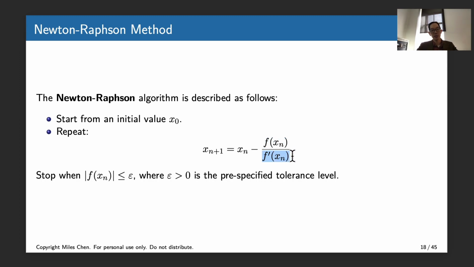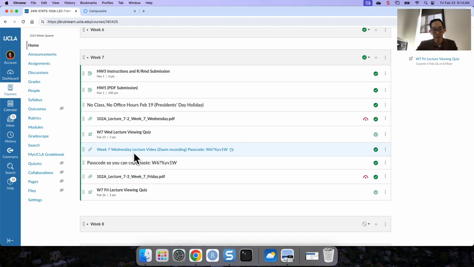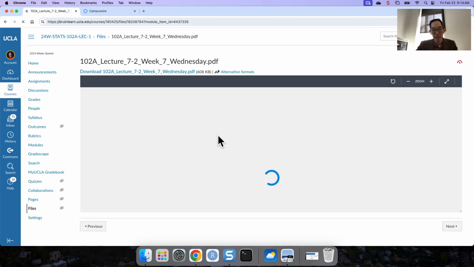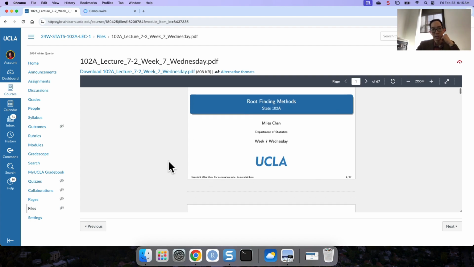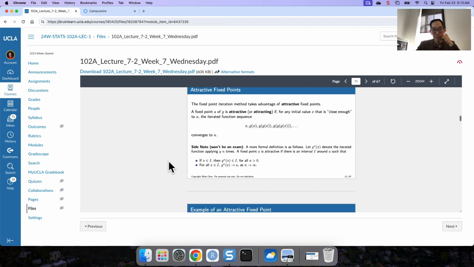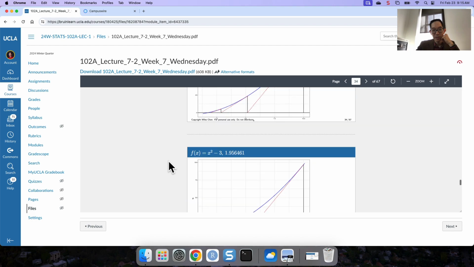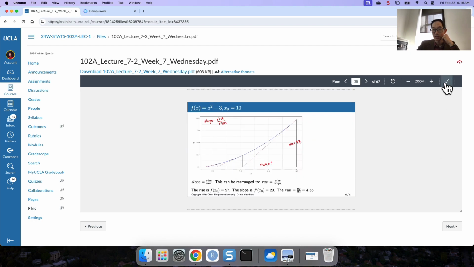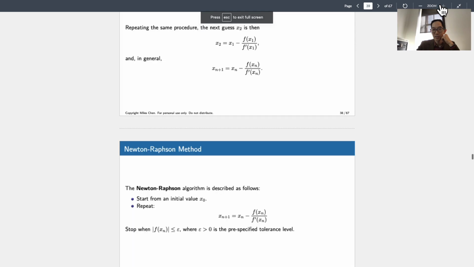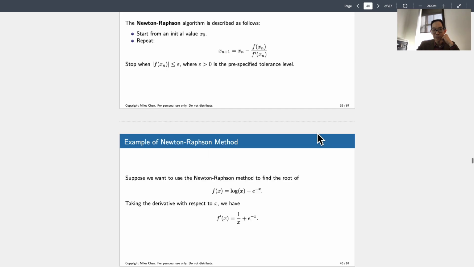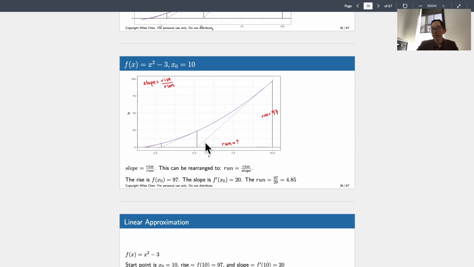If you remember, in Wednesday's slides, we said you have this right triangle. If you start off here, the value of the function is right here.